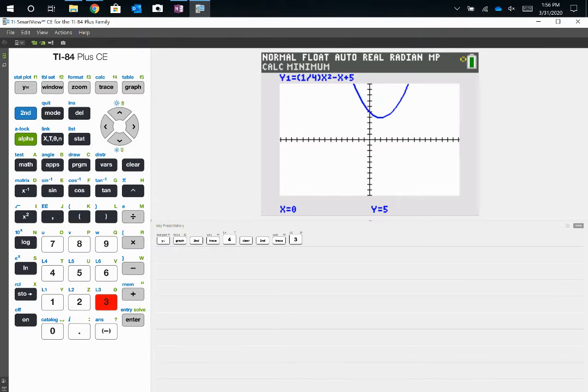Start over. Second, calculate, number 3, the minimum point. Go slightly to the left of the vertex, press enter, then go slightly to the right of the vertex and press enter. And then press enter, and you can see that the minimum point is at 2 and 4.